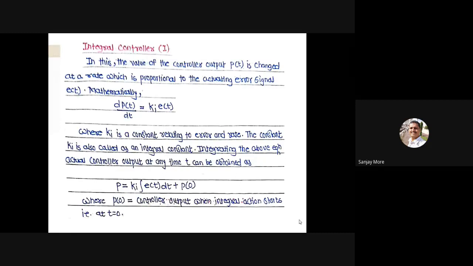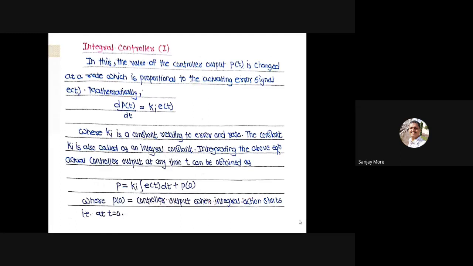Okay, so mathematically, dP(t)/dt is equal to Ki E of t, where Ki is a constant of integral, Kp is the constant of proportional. So Ki is the constant relating the error and rate. The Ki is also called the integral constant.